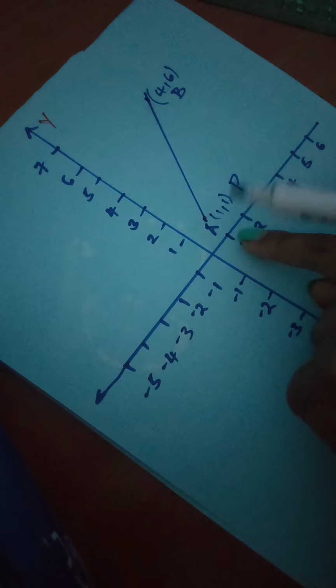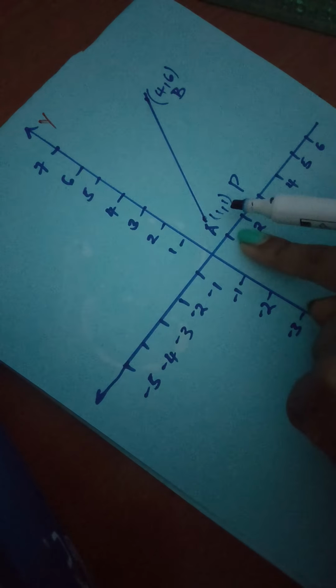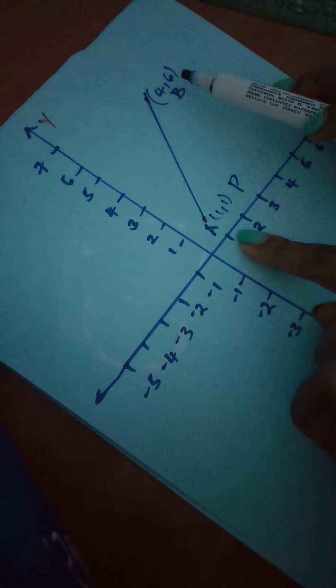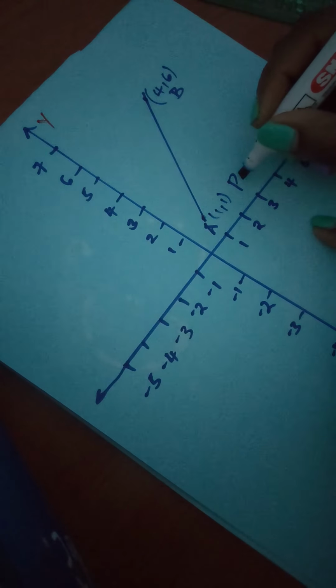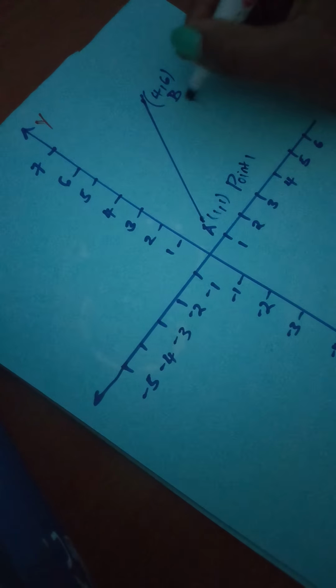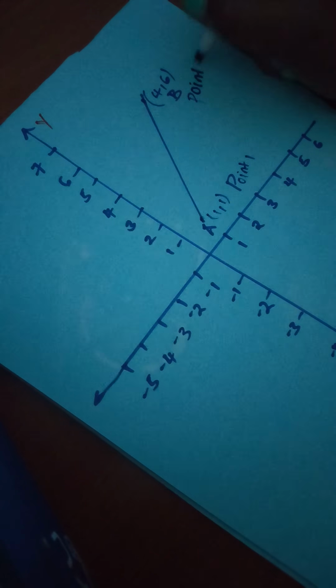It's a line with A at point 1, 1 and B at point 4, 6. So this is the first point, I'll call it point 1, and B is my second point, I'll call it point 2.